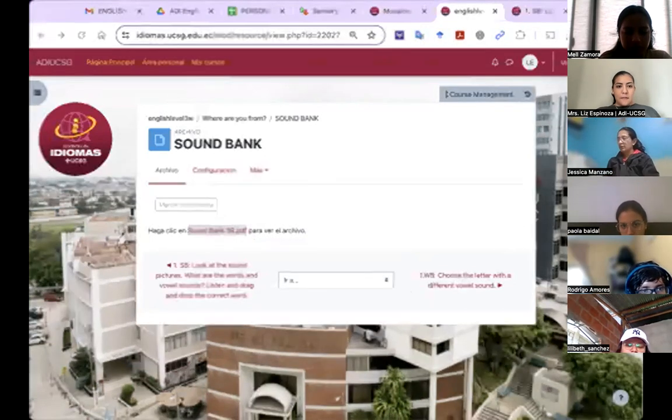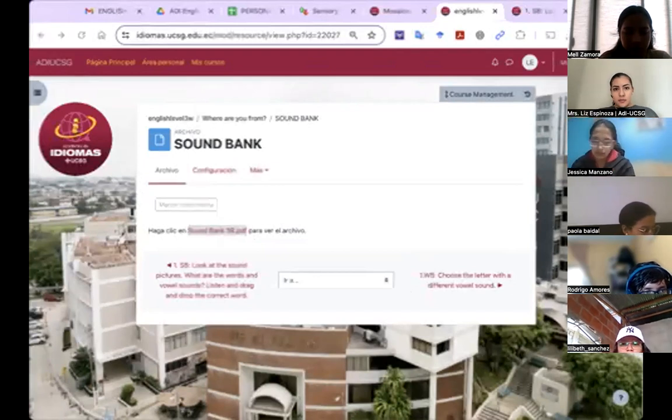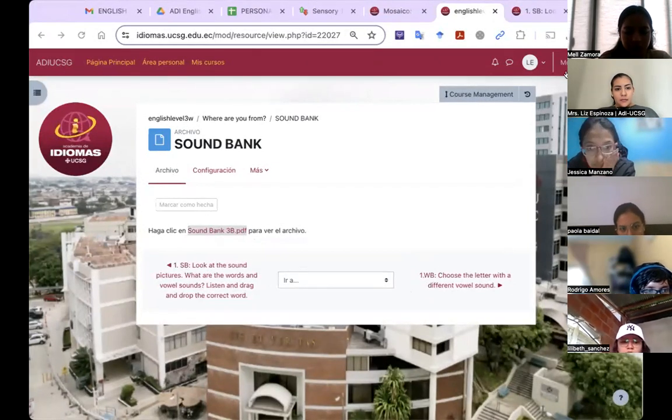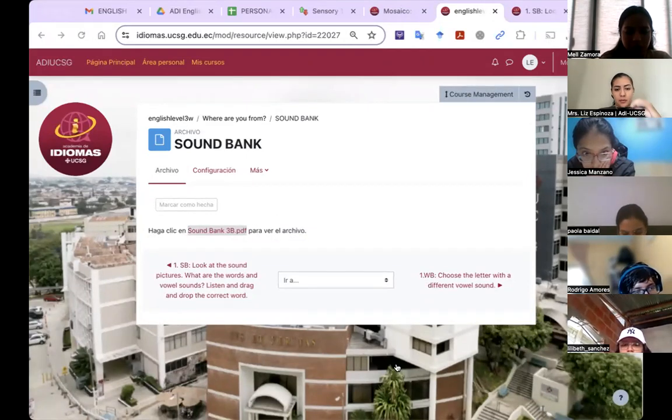In the case of the bank of the vowel sound, I'm going to put it here in the chat. So the following activity is easier for you, okay?